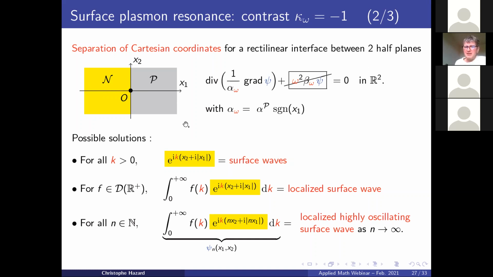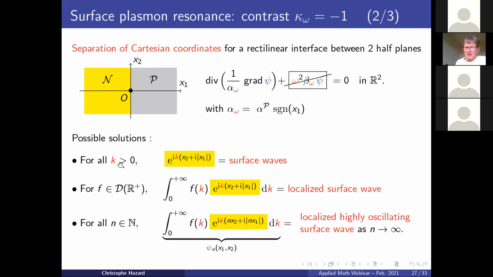In this case, it is obvious to see that the separated variable solutions are given by this simple exponential for any positive real value of k here. These are surface waves in the sense that they are oscillating in the x2 direction and exponentially decaying in the x1 direction here.